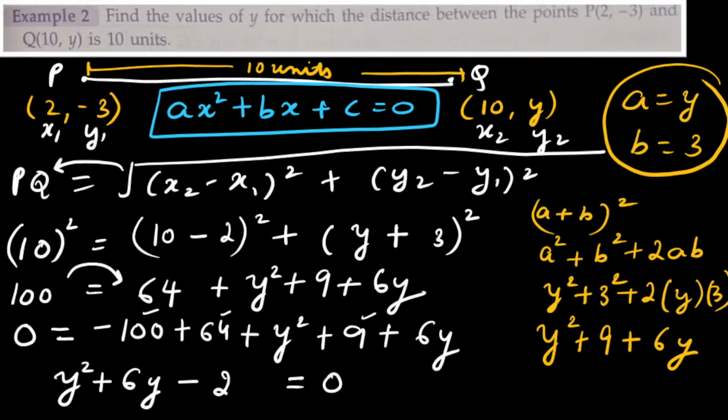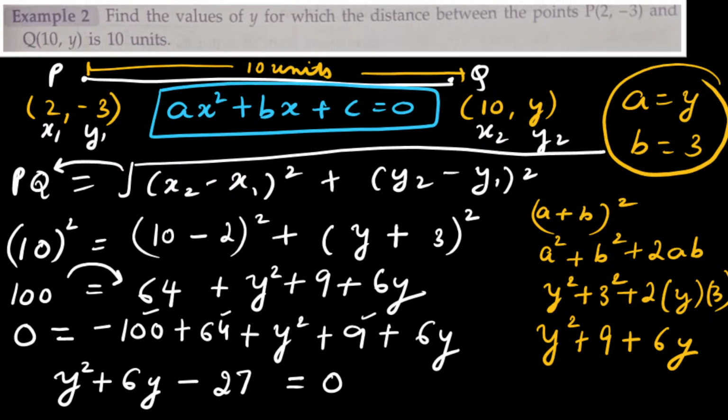Are you all getting this? 64 plus 9 is 73, so it is negative 27 only.